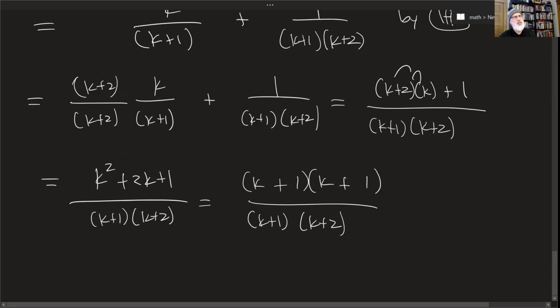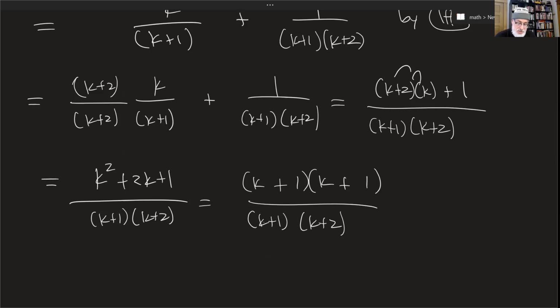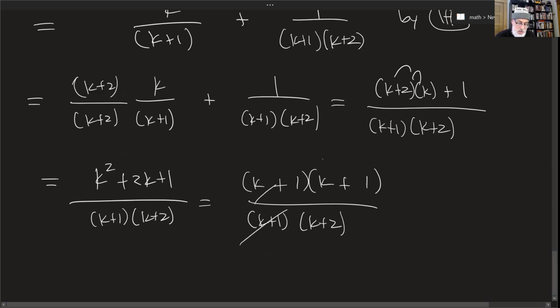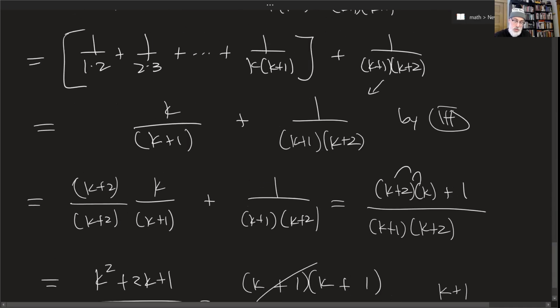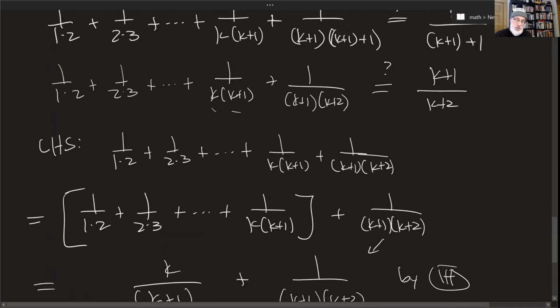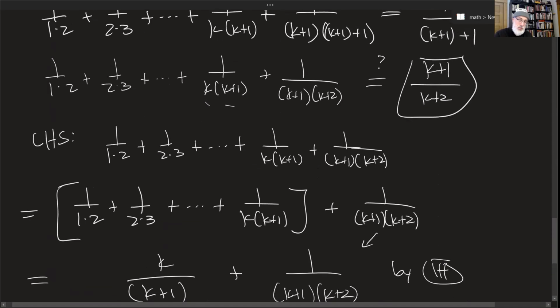And I'm going to bring the denominator back in. Now we see we can cancel something. We have a k plus 1 down here and a k plus 1 up here. Once we do that, we're left with k plus 1 over k plus 2. So algebraically, we've shown that this is equal to k plus 1 over k plus 2, which is what we wanted to show. Here's the question mark: we wanted it to equal k plus 1 over k plus 2, which it does.